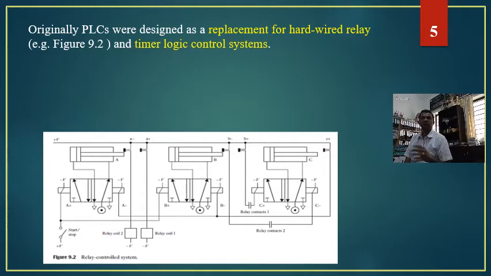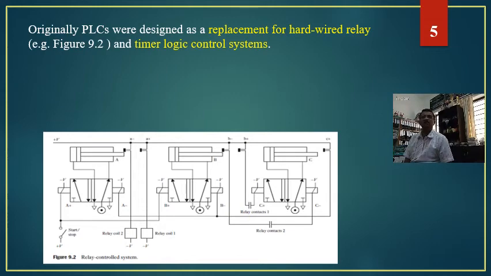This could be made a little bit clearer if we check this particular figure. In this figure, we can see three cylinders: cylinder A, cylinder B, and cylinder C. These three cylinders are controlled by two relays, relay number 1 and relay number 2.